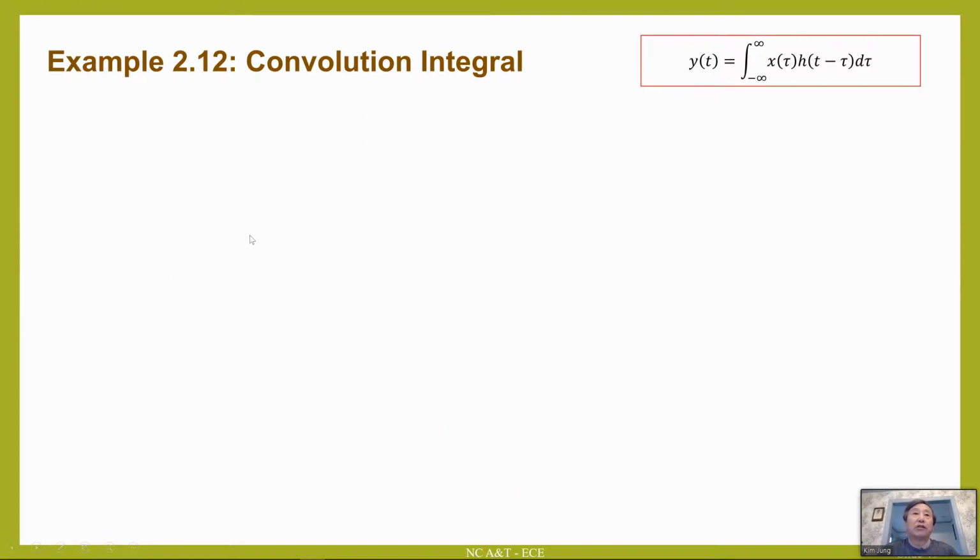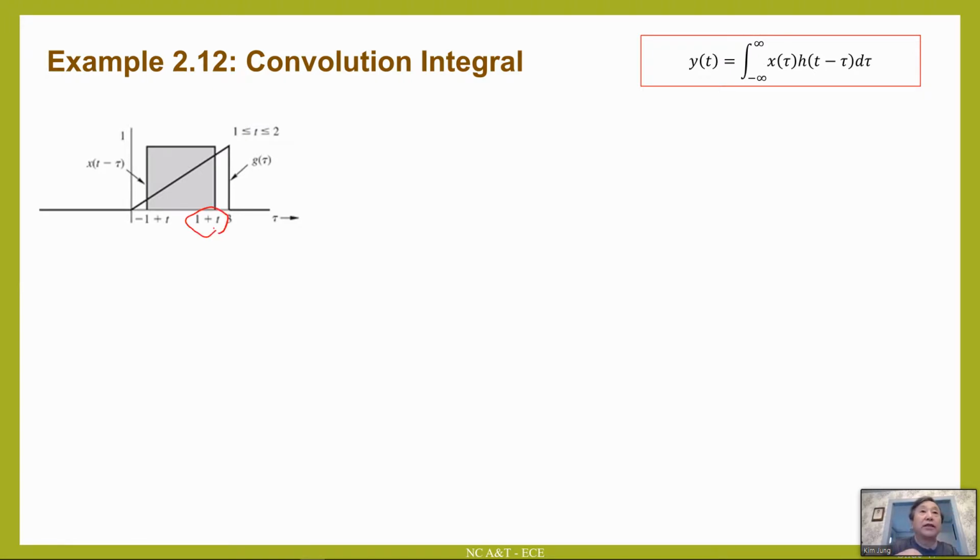So 1 plus t is less than 3, and -1 plus t is greater than 0, so t is greater than 1. And 1 plus t less than 3 means t is less than 2. So this range.